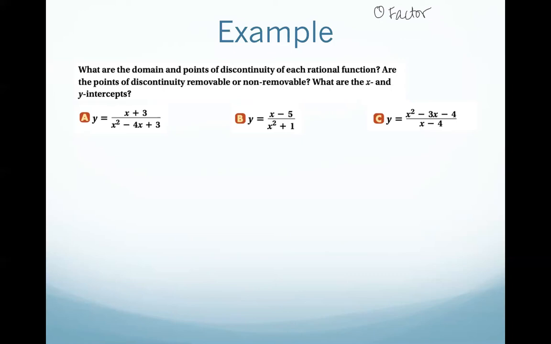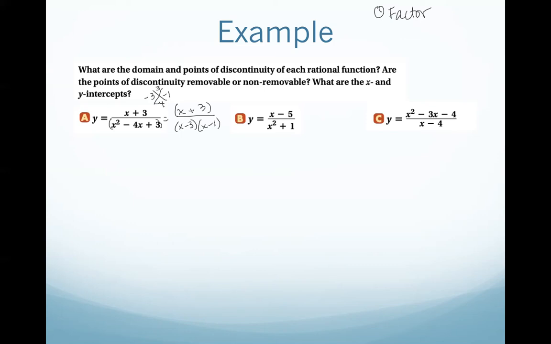So in part A, we need to factor our denominator. The numerator can't be factored, so it stays the same. I need two numbers that multiply to 3 and add to -4. That's going to be -3 and -1. So we get x minus 3 times x minus 1. Now, my numerator is an x plus 3. The denominator has an x minus 3.